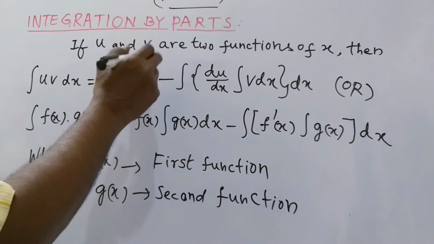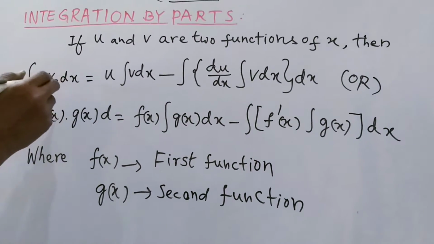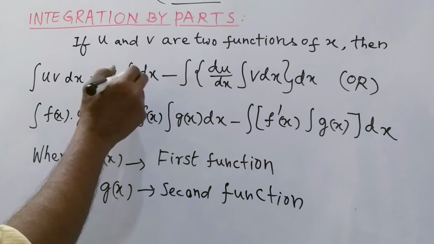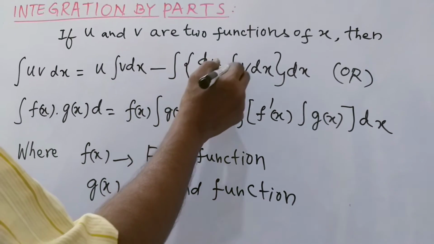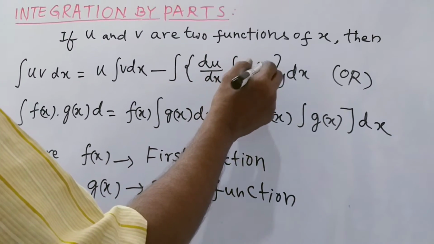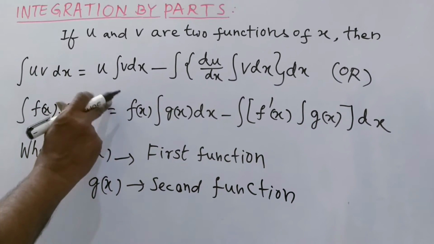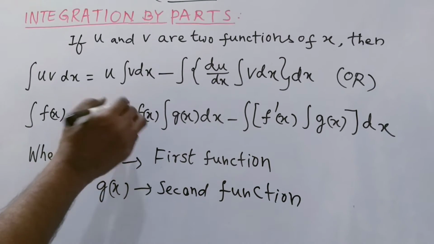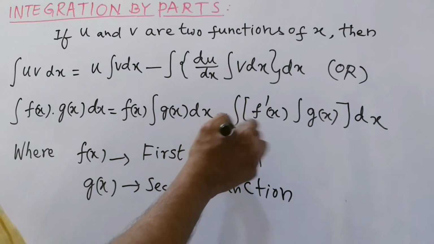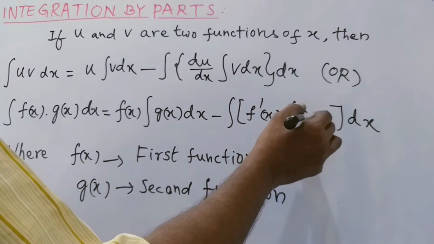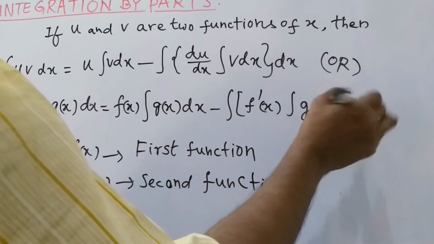If u and v are two functions of x, then integral of uv dx is equal to u into integral of v dx minus integral of du by dx into integral of v dx whole dx, or integral of f of x g of x dx is equal to f of x into integral of g of x dx minus integral of f dash of x into integral of g of x dx whole dx.